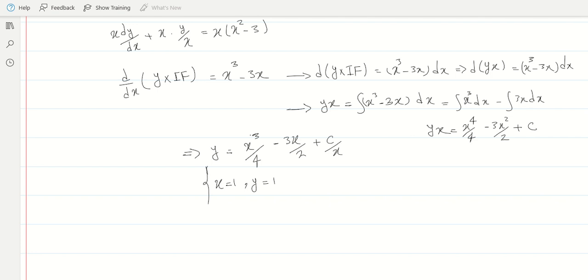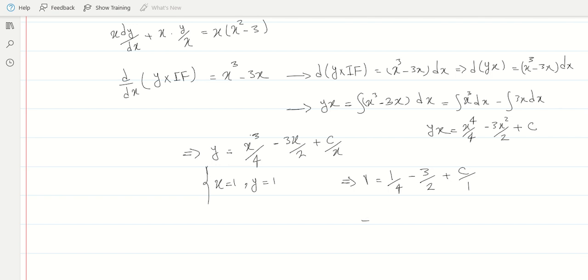So I'm just going to substitute x equal to 1 and y equal to 1 in this equation in here. So we have y is equal to 1 on the left hand side is equal to x cubed divided by 4, which is 1 cubed divided by 4, which is 1 over 4, minus 3 over 2 plus c over 1.